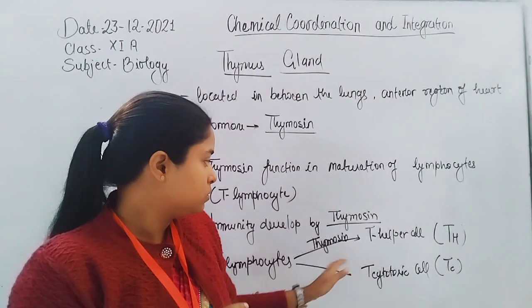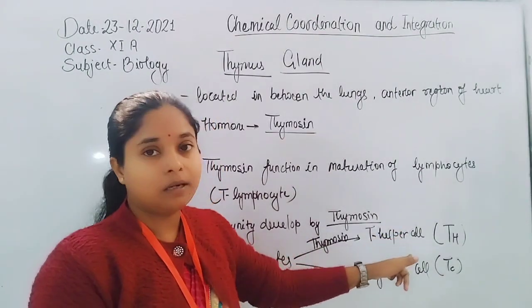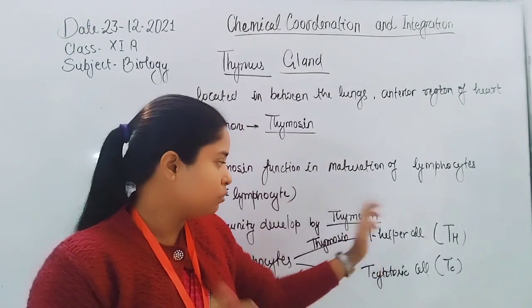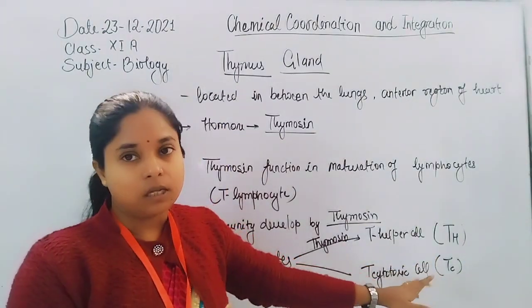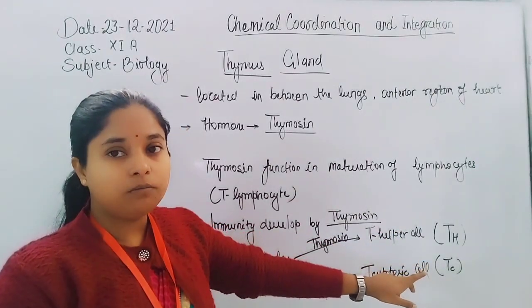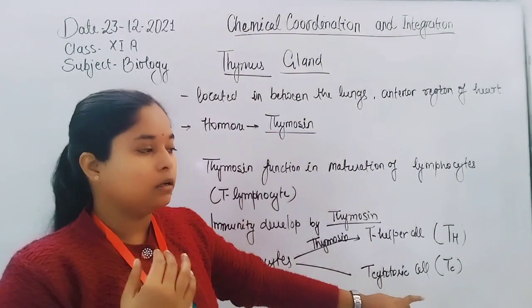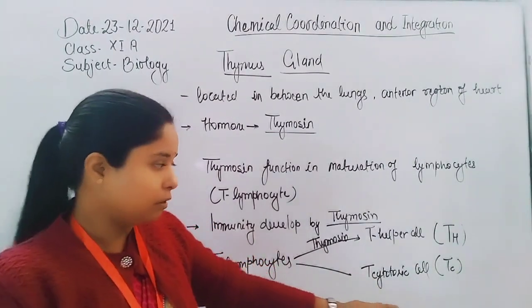If the T lymphocyte does not differentiate, that means neither T helper cells nor cytotoxic T cells form, and both help in providing immunity or memory if any viral attack occurs on our body.